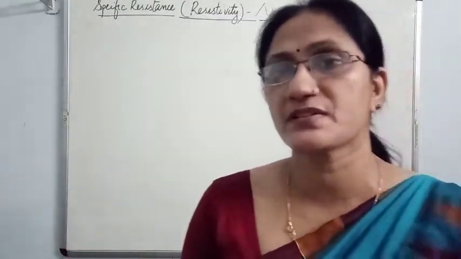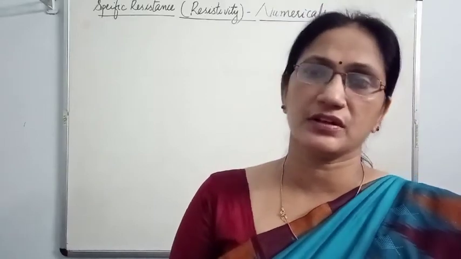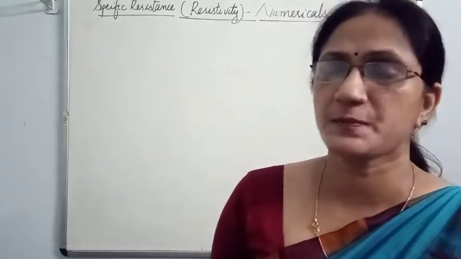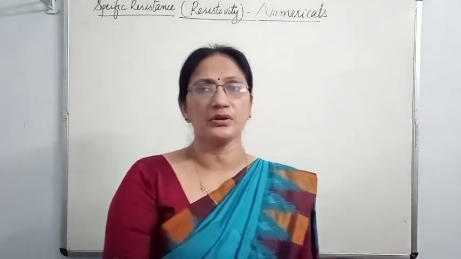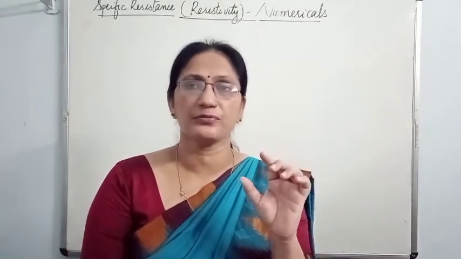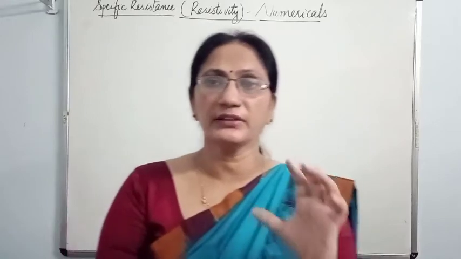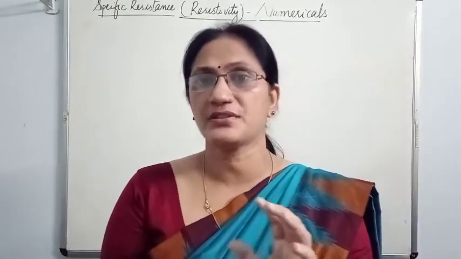Now we will discuss some numericals from the topic specific resistance or resistivity. What is the meaning of specific resistance or resistivity? That was discussed in the last video. It is the resistance of unit length and unit area of cross section of a material.